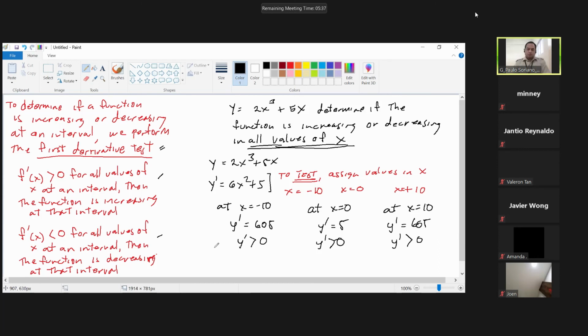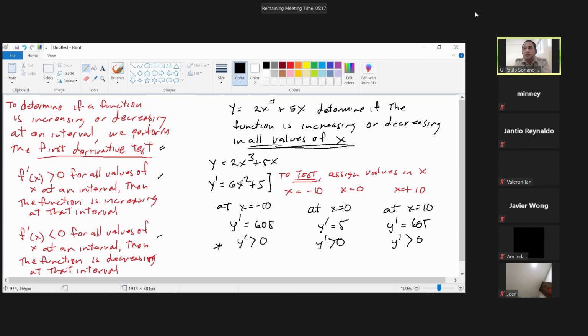So that's our first investigation. If I will now ask you, can I put a value here that can make this function negative, or lesser than 0?